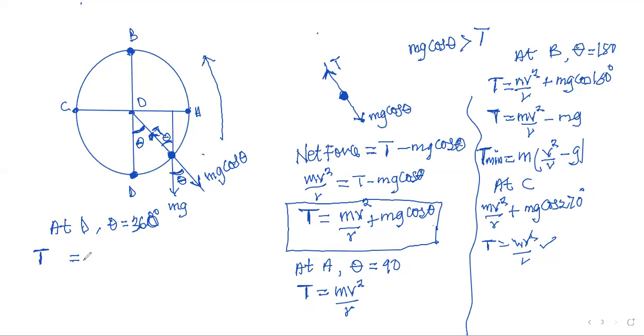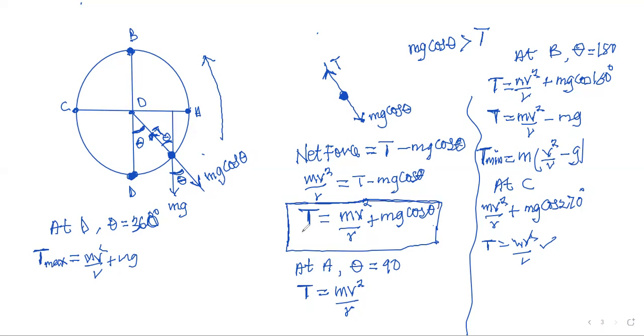I got cos 360 to be 1, so then the T was equal to mv squared over R plus mg. The network will not allow me to write. So we also realize that below we have maximum tension acting here. So this is a general formula that caters for any position as the body oscillates vertically.